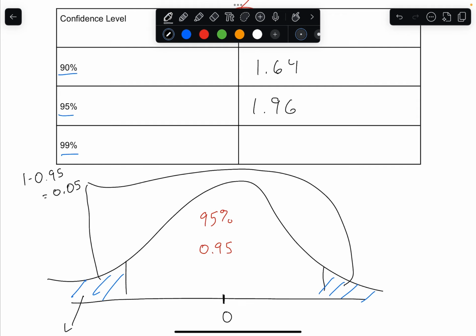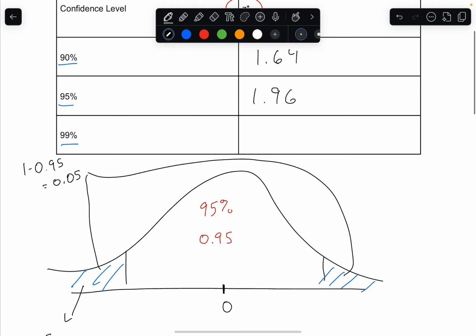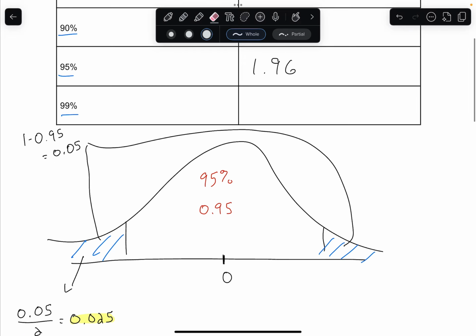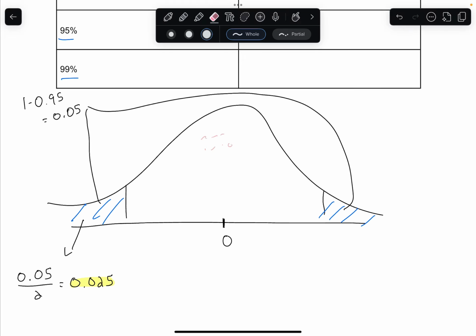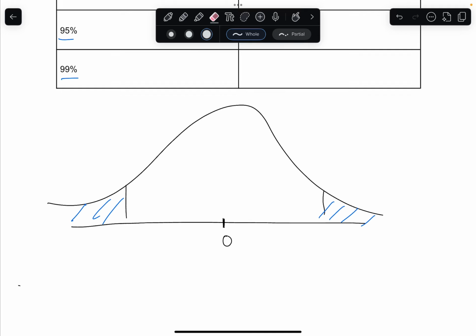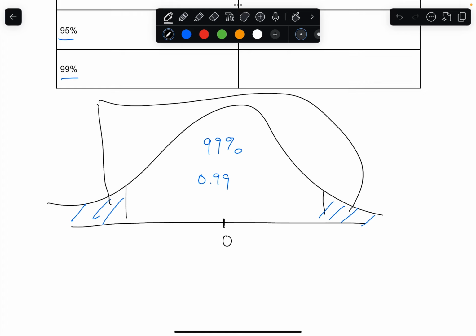And we can repeat this process one more time to work with our 99% confidence interval. Let's just go ahead and do that real quick before we wrap this video up. So this time around, I want the area in the middle to be 99%, or 0.99. So that means once again that the area in the right tail and the area in the left tail together would be 1 minus 0.99 to get 0.01.